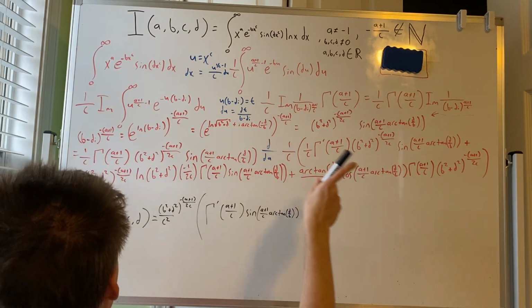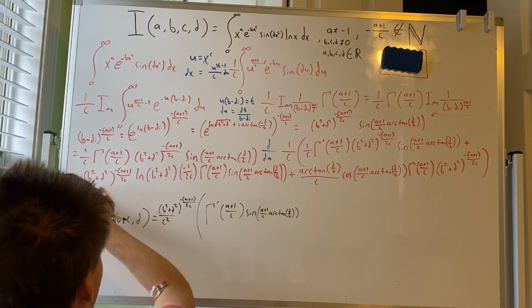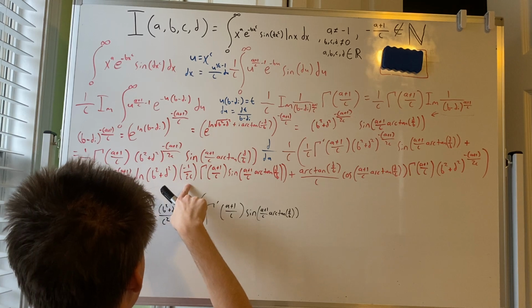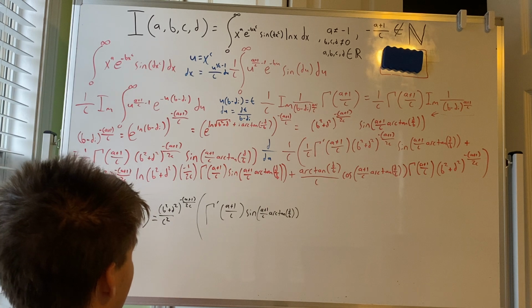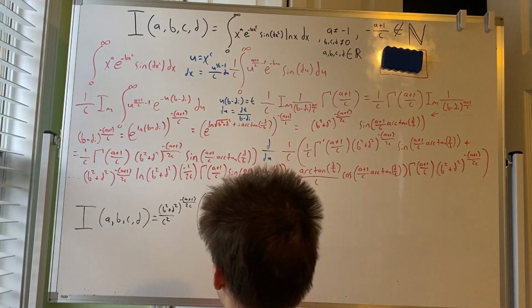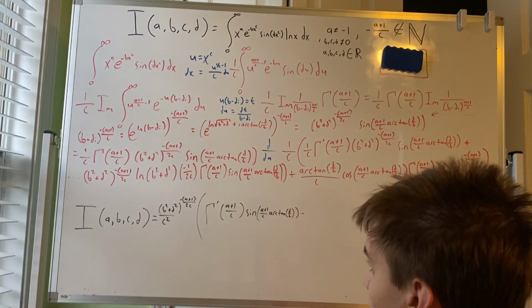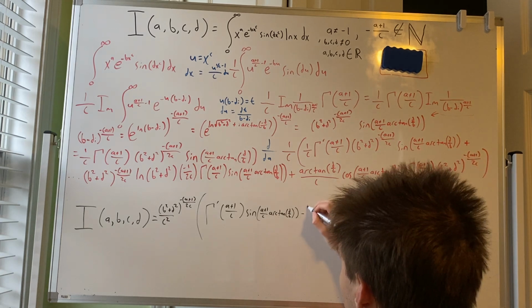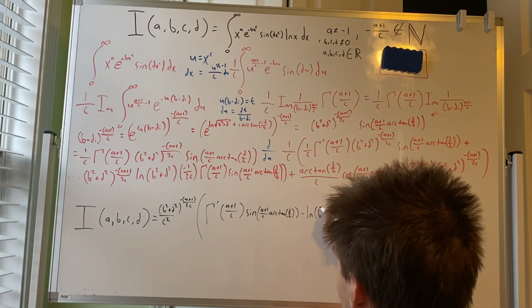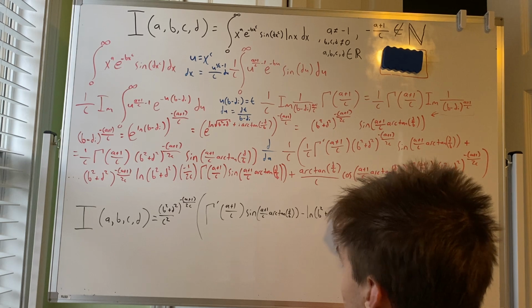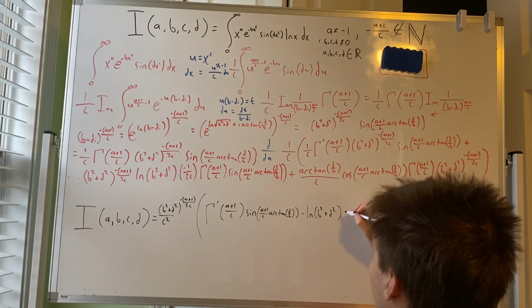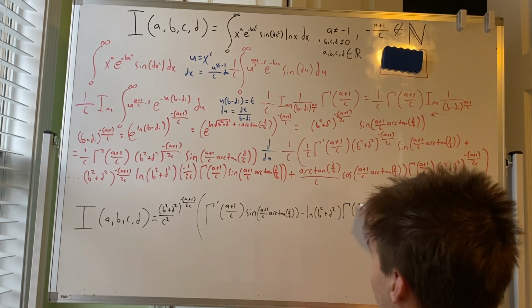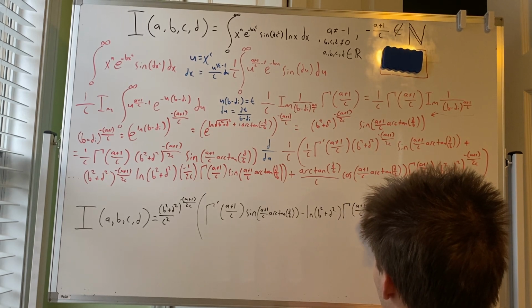Okay, next we have, this is already factored out. This remains, but the c is gone. So we actually need to do a minus instead of a plus, right? Yes. So minus ln of b squared plus d squared times gamma a plus 1 over c.